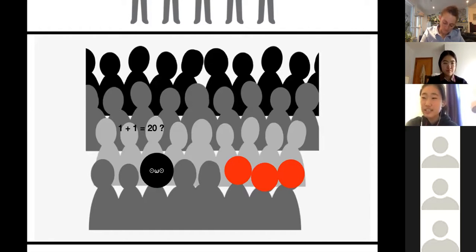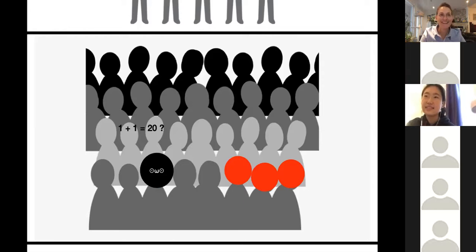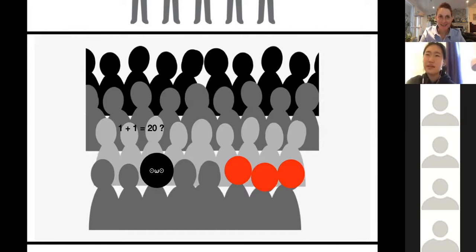However, if the partner just left the group randomly, not really agreeing to the majority, they're just not there anymore, then it didn't affect your answers as much. So we can see that the sense of betrayal, or the sense of, oh, I'm following a person's answers, is kind of a type of social influence as well.